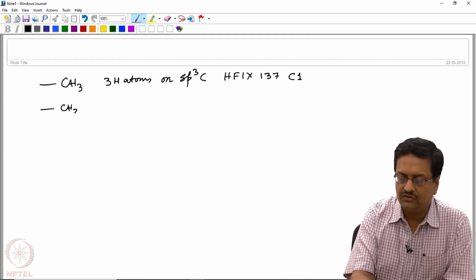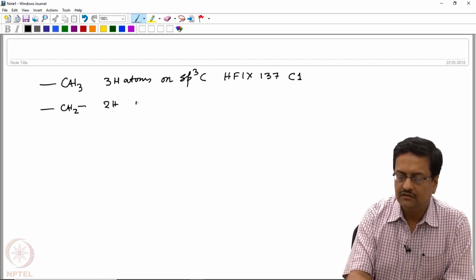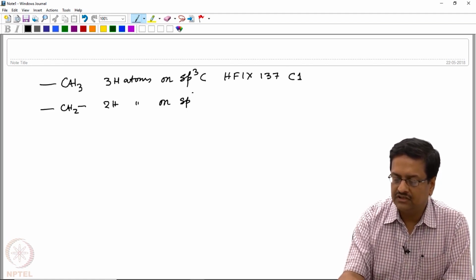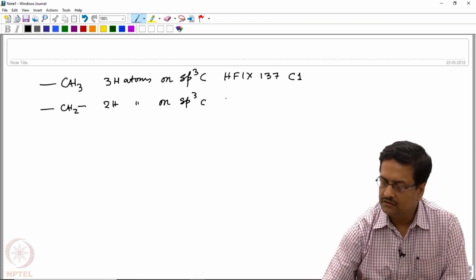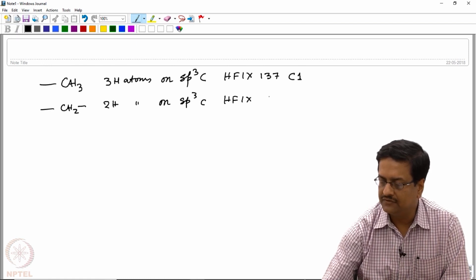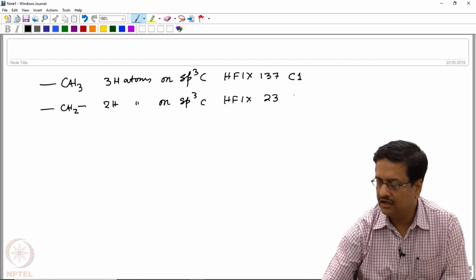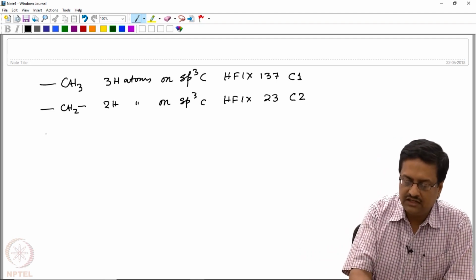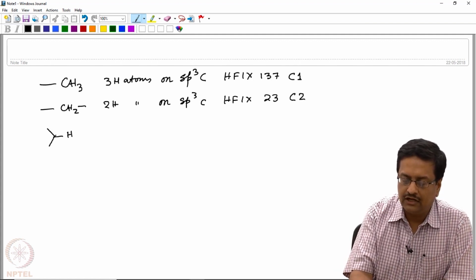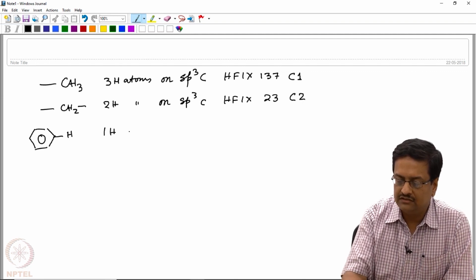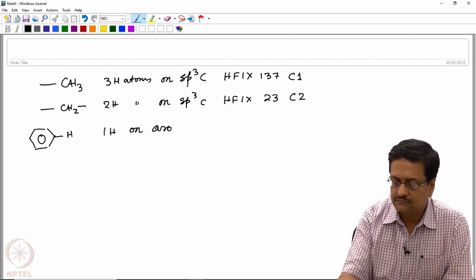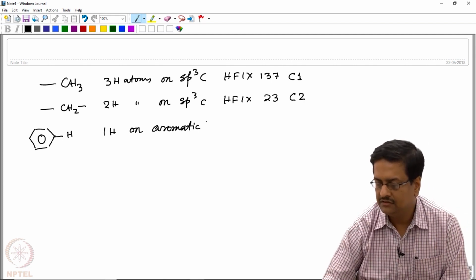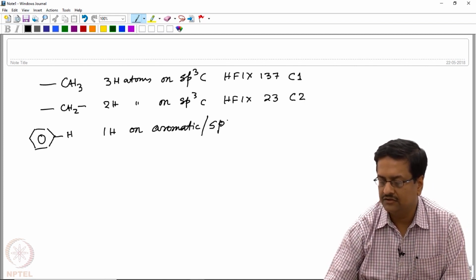To have 2 hydrogens on an sp3 carbon, this will be HFIX 23. You should identify the atom like this, which may be C2. Similarly, if it is an aromatic hydrogen, then it is just 1 hydrogen on an aromatic or any other sp2 carbon.